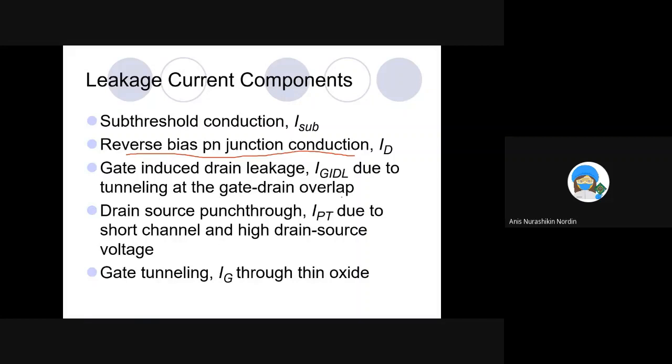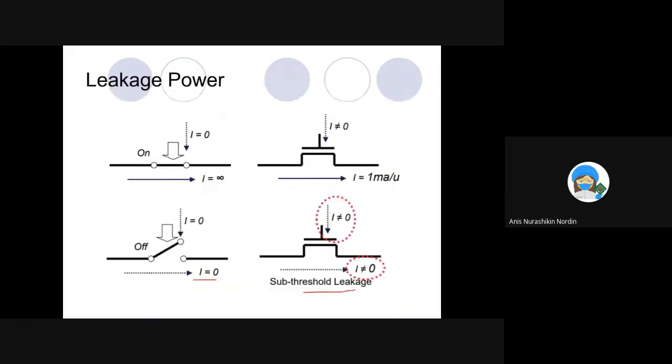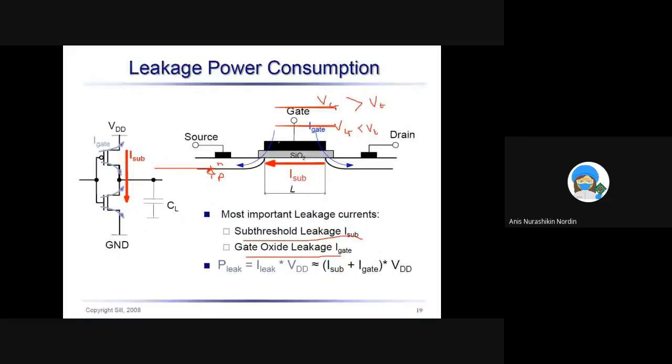Now where is the gate-drain overlap? You can look here again. This is the gate, right? And if you have a self-aligned gate, this should be perfectly matched here. This is your gate, and this is your source, and this is your drain. It should be perfectly matched. But sometimes the process is not perfect, especially at nanometer scale.